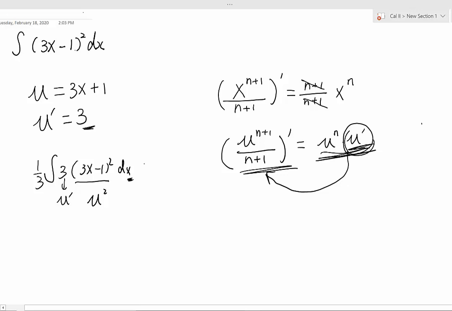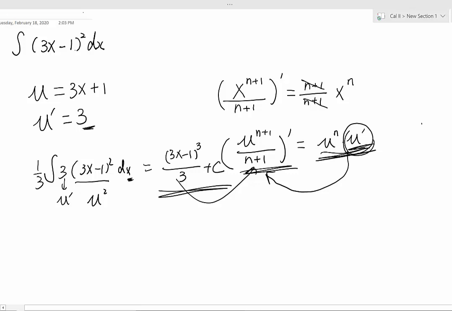Now we are able to get our result right away, which is this one right here, following the power rule. That's going to be (3x minus 1) to the third, because that's 2 plus 1 over 2 plus 1, 3, plus C. That's it.